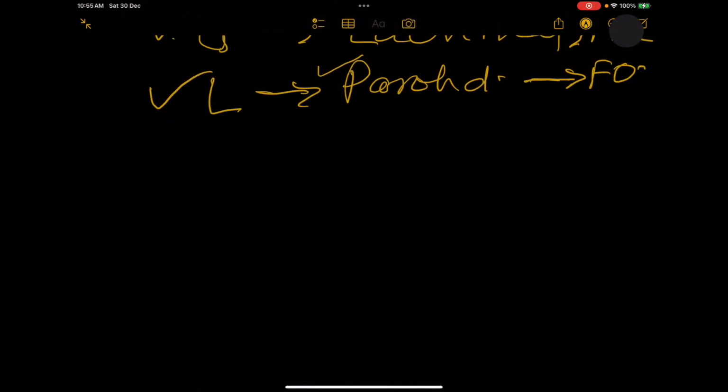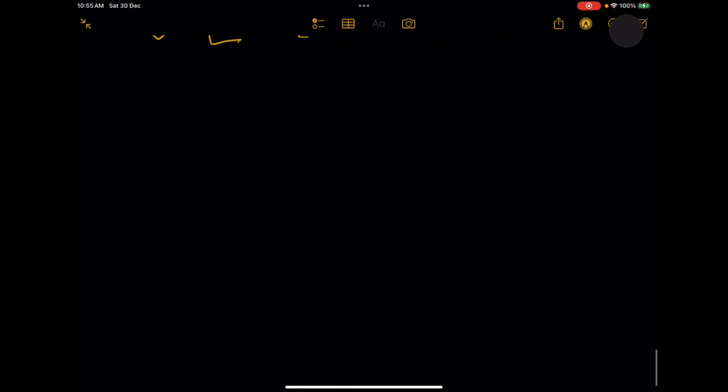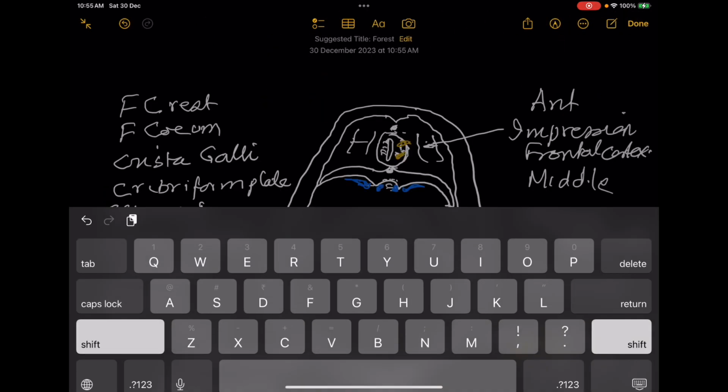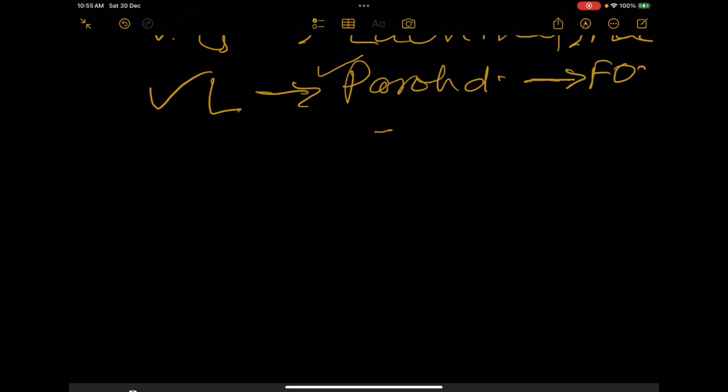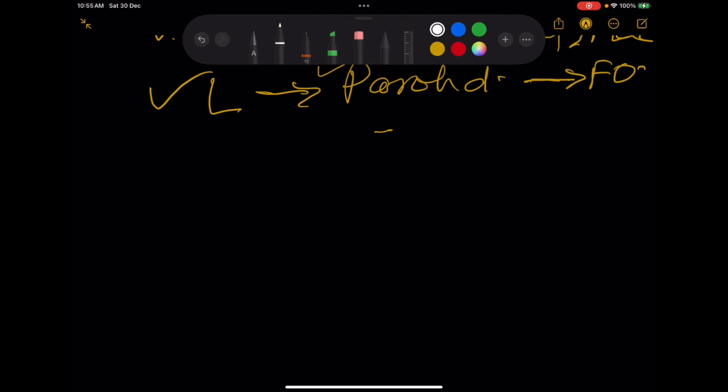Now we move on to the posterior cranial fossa, but before that we must finish off.